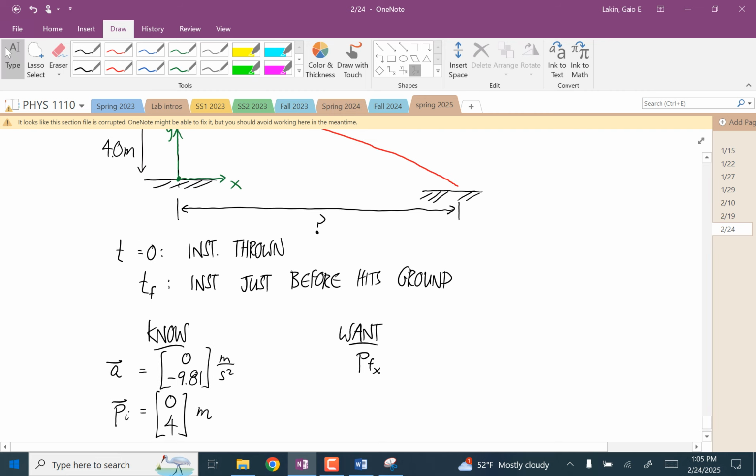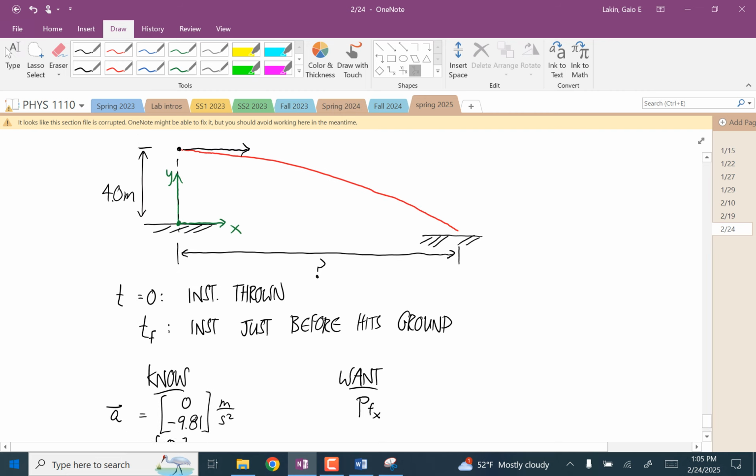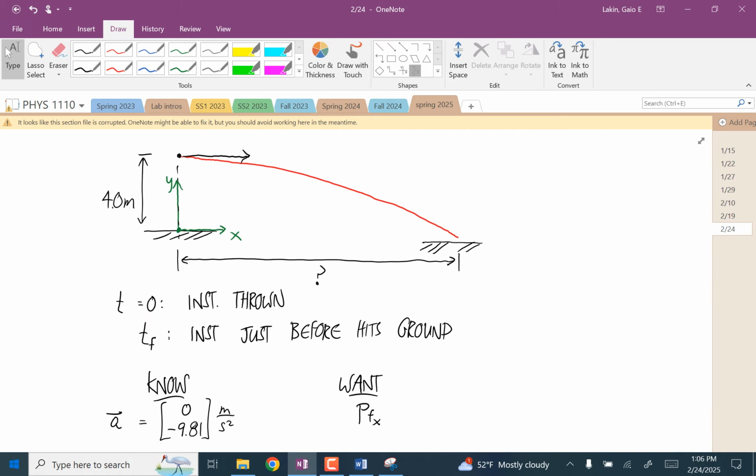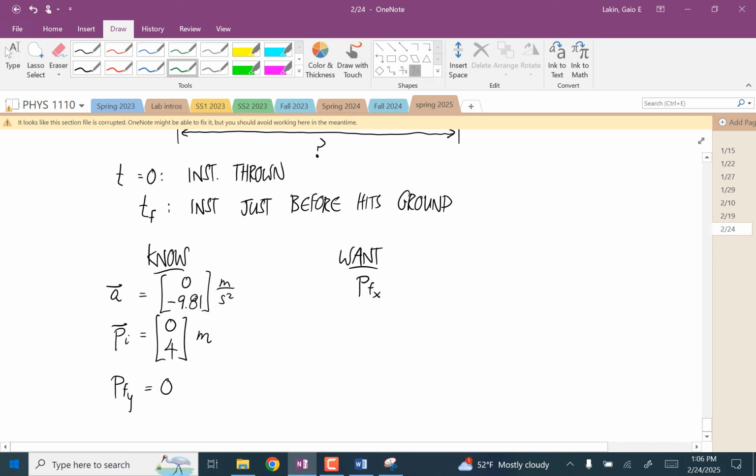Okay, do we know the velocity at time 0? Well, we can figure it out because we know the speed and we know the direction. So I'm going to draw the coordinate system. We know that at time equals 0, the velocity vector looks like this with a magnitude of 10. So what are the components of that vector I just drew?